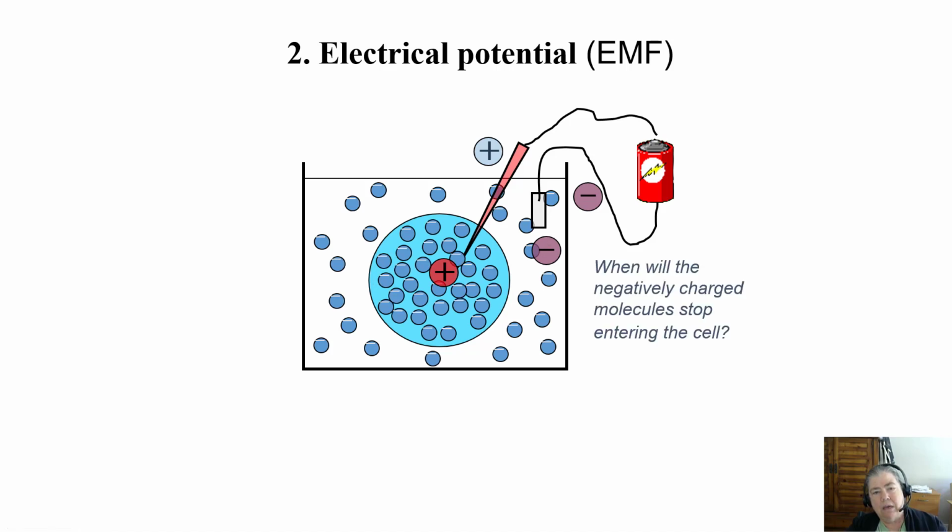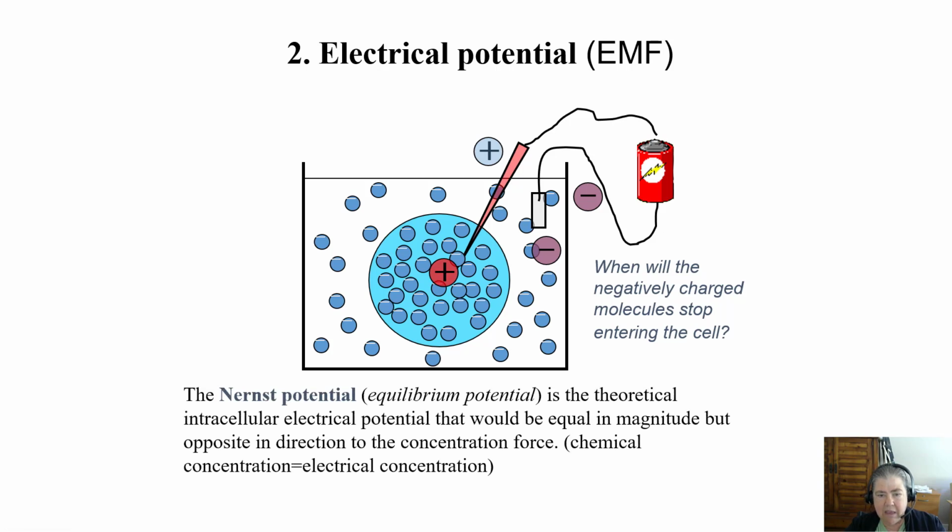Okay, so because there's a positive charge inside the cell, you're going to have negatively charged particles, let's say chloride, moving down the electrical gradient towards the positive charge. When will the negatively charged molecules stop entering the cell?